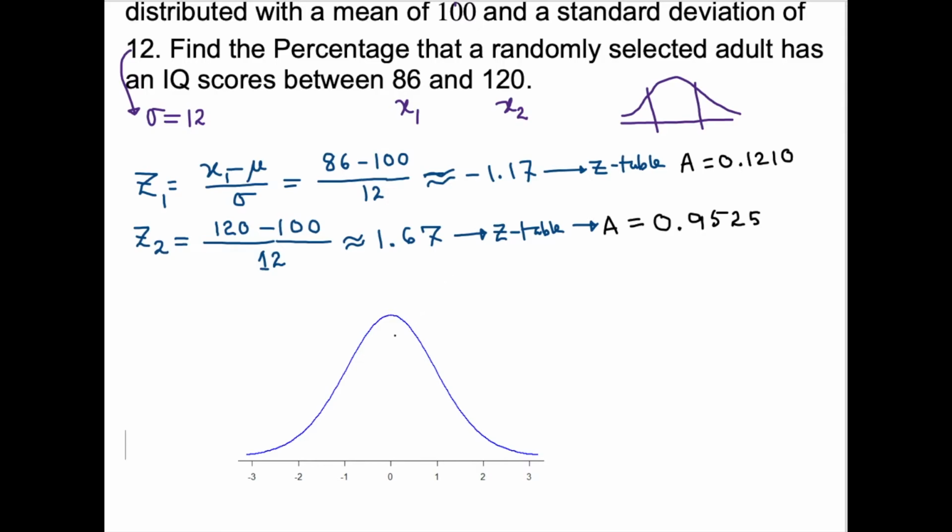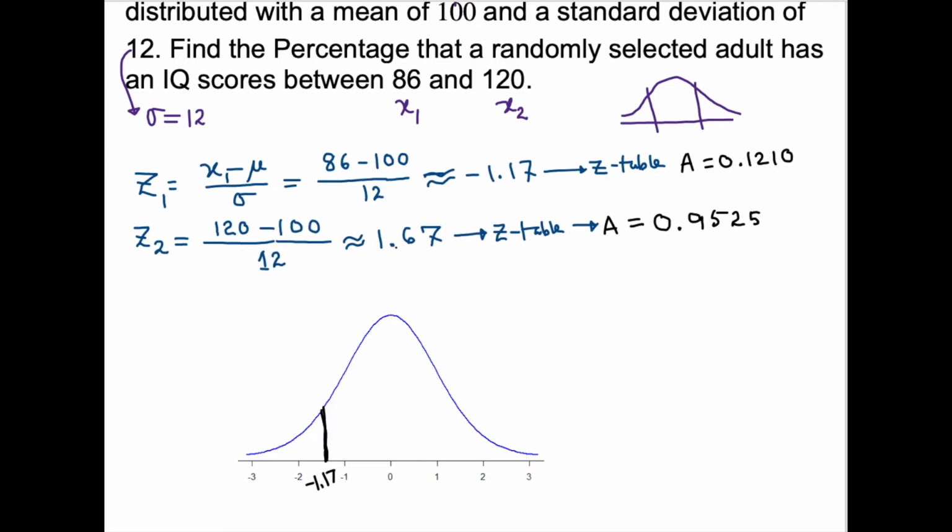Okay, let us draw the bell curve and see where the z-score location is. Negative 1.17, I would go a little left of the center here. That is the z-score.